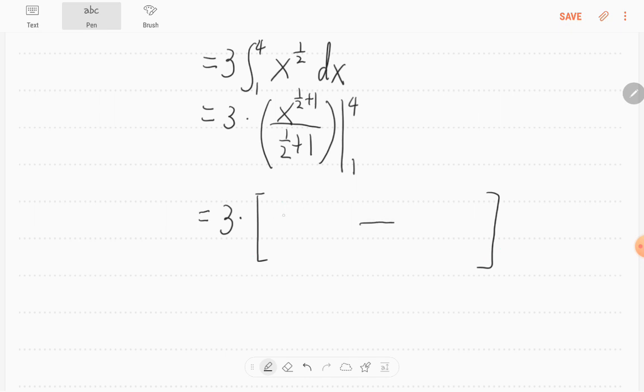We plug in 4, so this would be 4 to the 3 over 2 over 3 over 2. 1/2 plus 1 equals 3 over 2, right? Then plug in 1 to the 3 over 2 over 3 over 2. If you do the calculation, you will see this one is equal to 14.